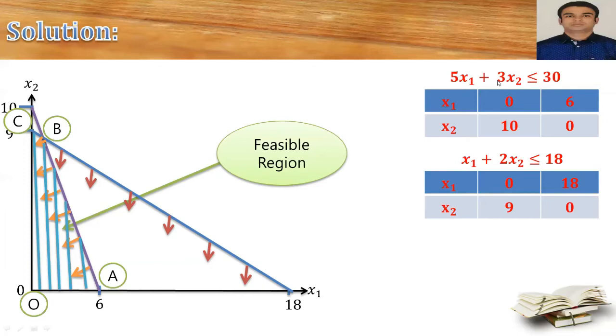Point B is the intersection of both constraints, so solve both equations, 5x1 plus 3x2 equals 30 and x1 plus 2x2 equals 18, to determine the value of B.